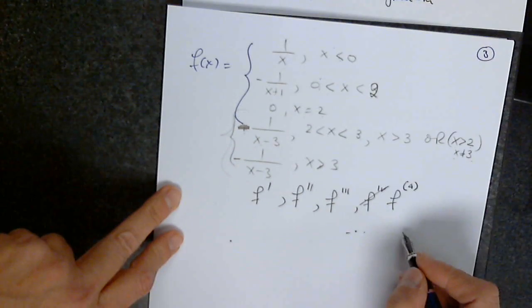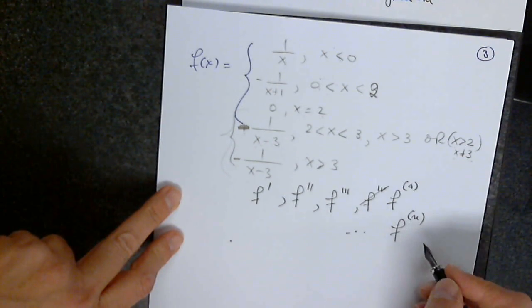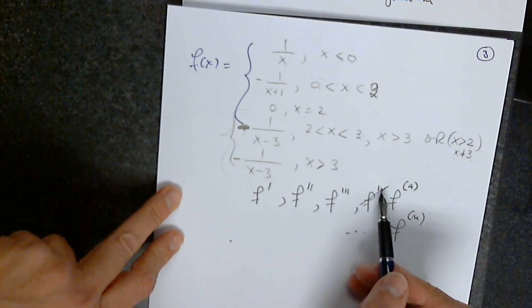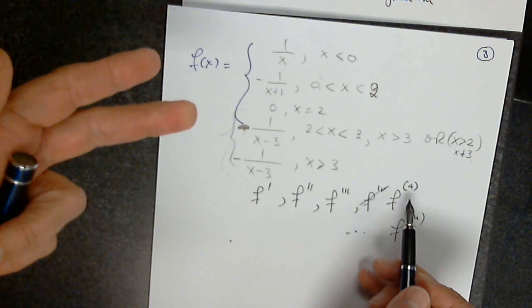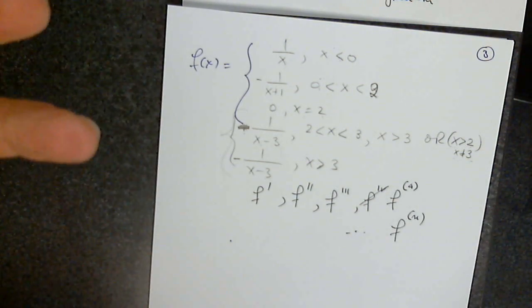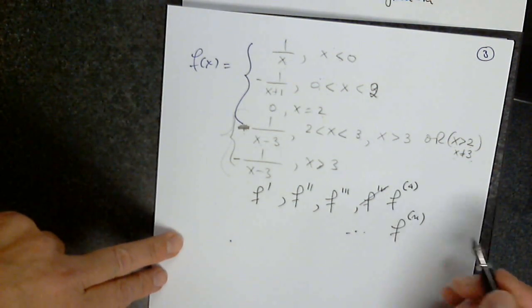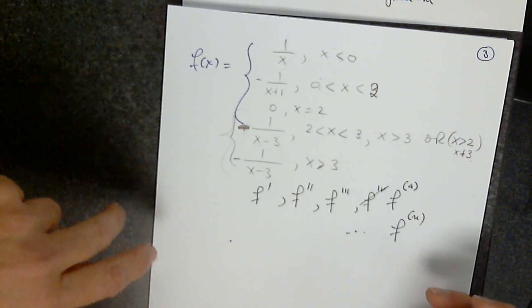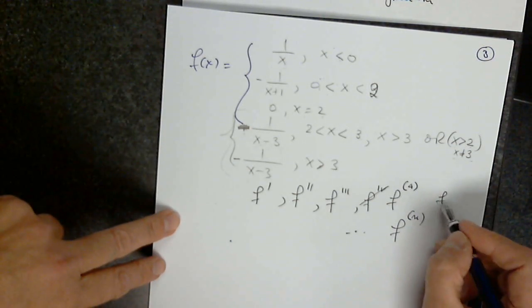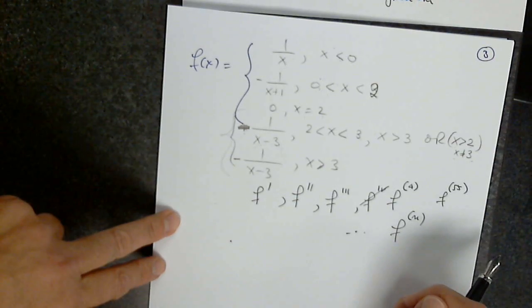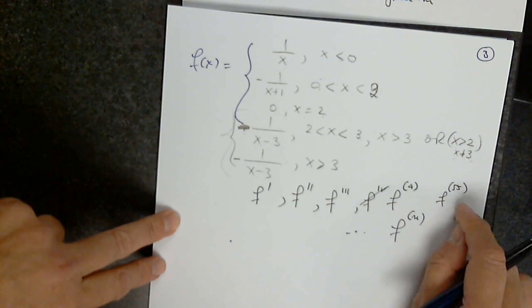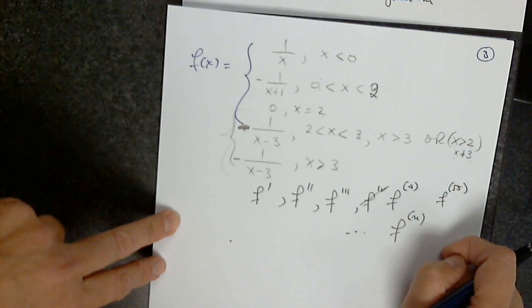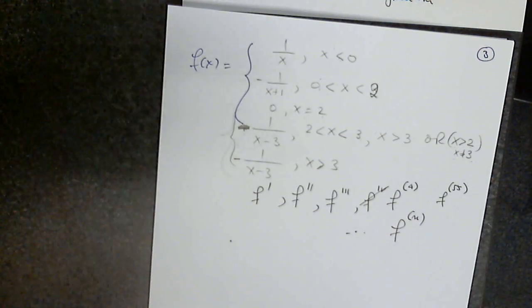The nth derivative will look like this. We cannot really continue with Roman numbers, because that will be huge, right? So I can write f to the 55, which means the 55th derivative of function f, if the function happens to be differentiable.